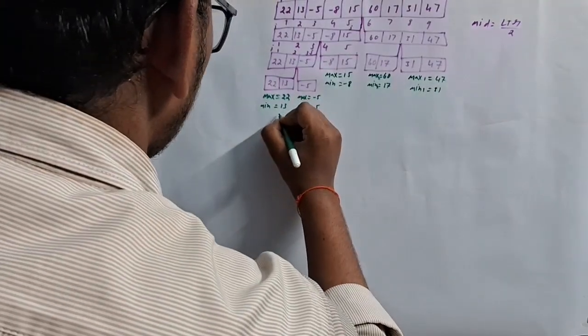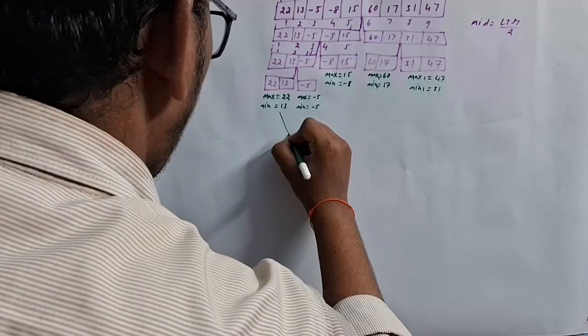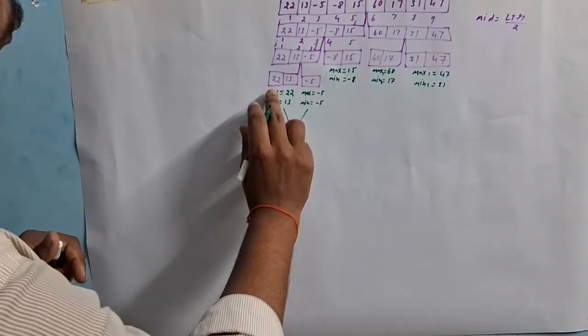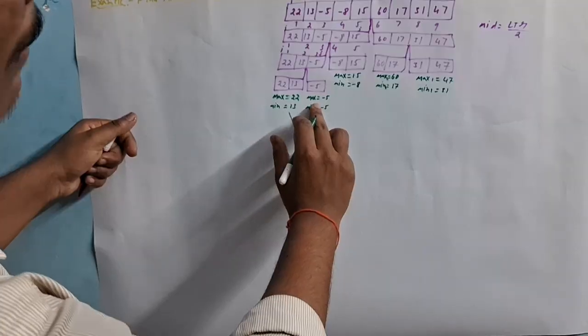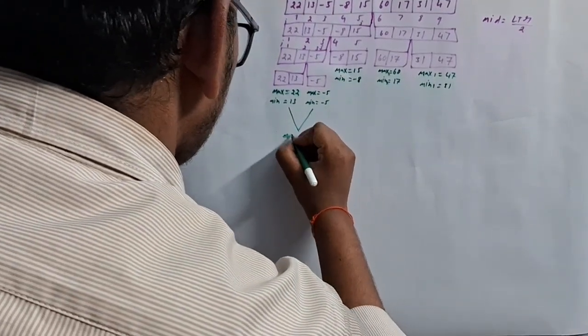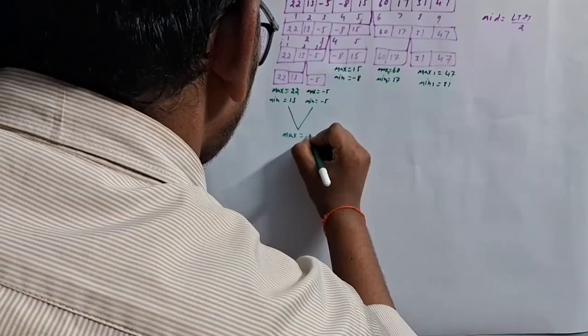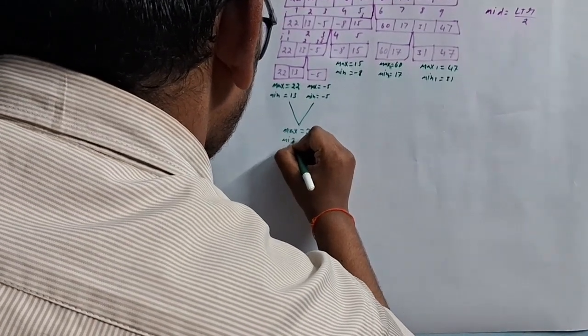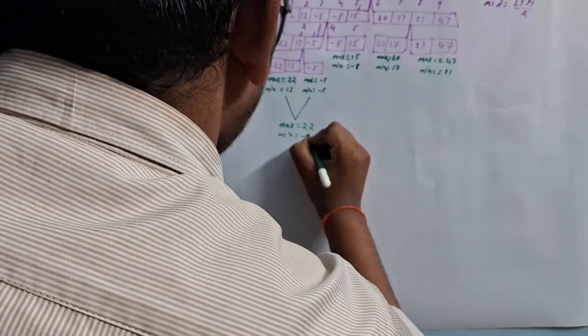We conquer these two first. In these two, the maximum value is 22 and the minimum value is -5. Sorry, max is 22, min is -5.